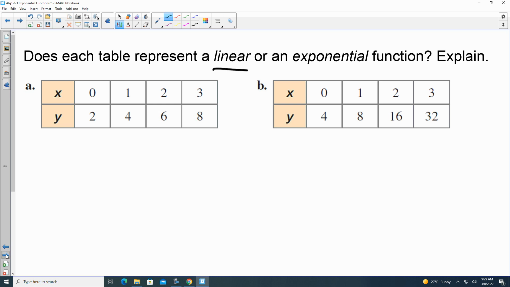Anytime a table is going to represent a linear function, it is going to have something that is called a common difference, which means you subtract everything by the same value with respect to y. When it comes to an exponential function, you're still going to have something in common, but it's going to be what is called a common ratio.